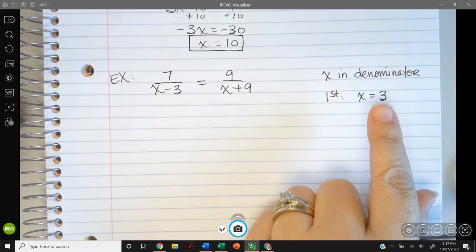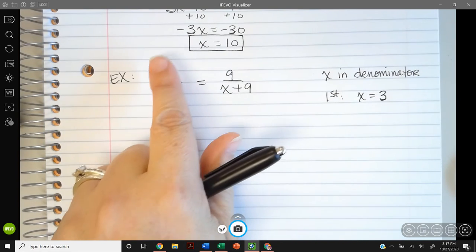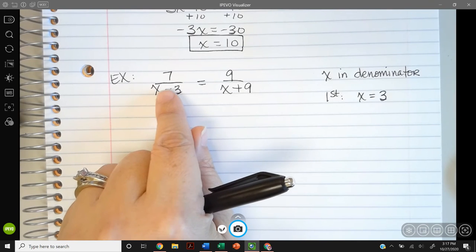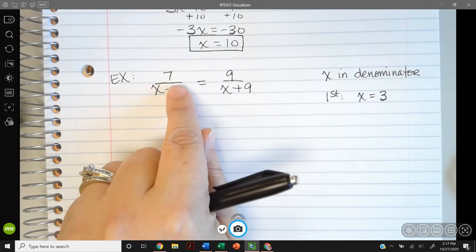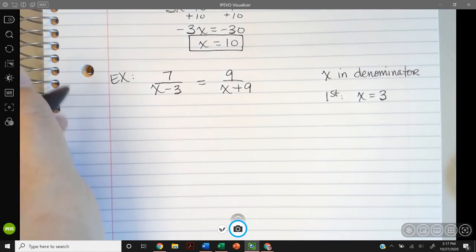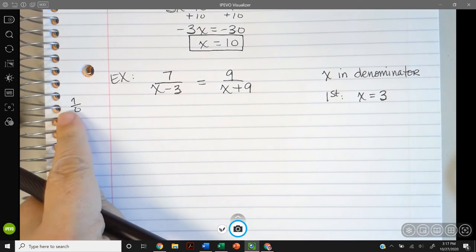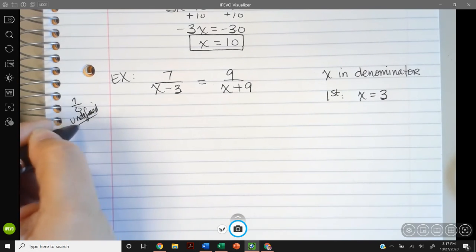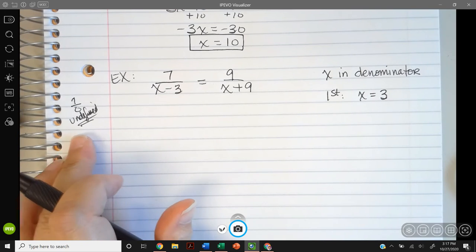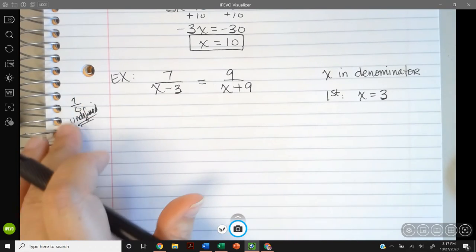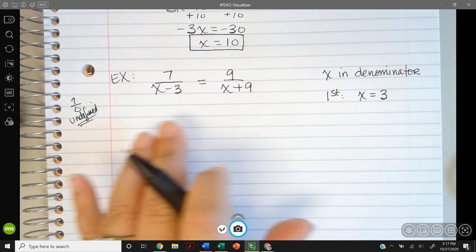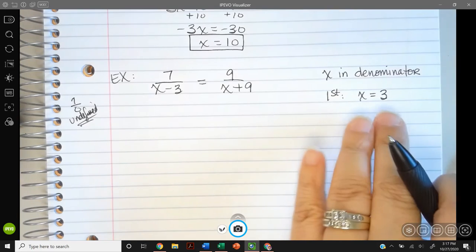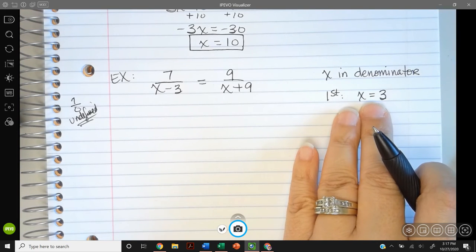If I put 3 right here, 3 minus 3 would be 0, and then I would have 7 over 0, which is undefined. That's not a good thing. I cannot have 7 divided by 0. So my first problem is what happens after I do all this work and I have x equals 3.